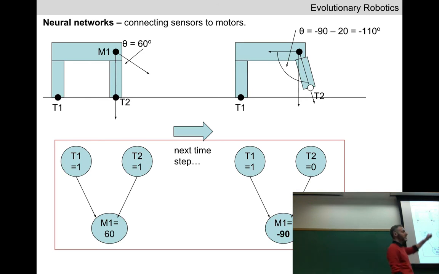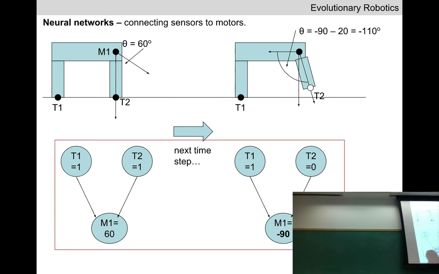The moment it does that, because this is an embodied agent, remember, the moment it moves, it senses a sensory repercussion of its action. The moment it moves, T2 goes to 0. So the values at the input layer have suddenly changed, like we saw when we were looking at the truth tables.